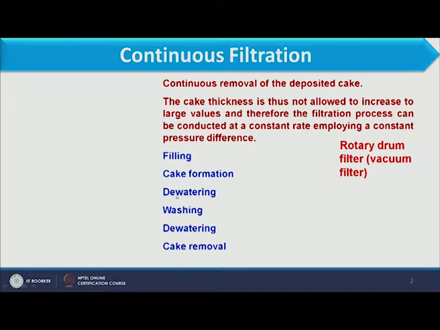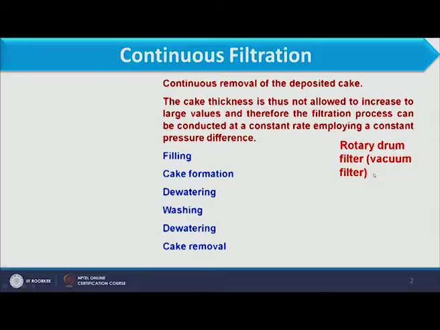Apart from this there was another step about cleaning, dumping and reassembling of the system. As cake is removed continuously, there is no need for reassembling, dumping, etc. So, all these other steps which were involved in batch can also be involved in continuous filtration.